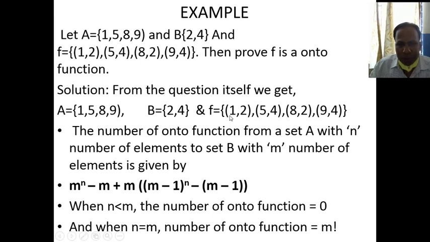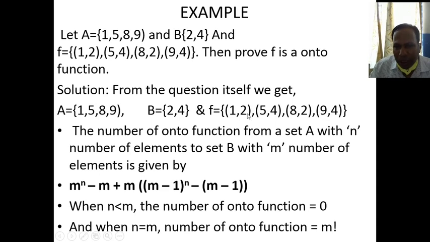So here this element 2 has the pre-image 1. Again this element 2 has pre-image 8. That means the same element 2 of the codomain has at least one pre-image. Similarly, the element 4 in the codomain has at least one pre-image, 9 and 5.